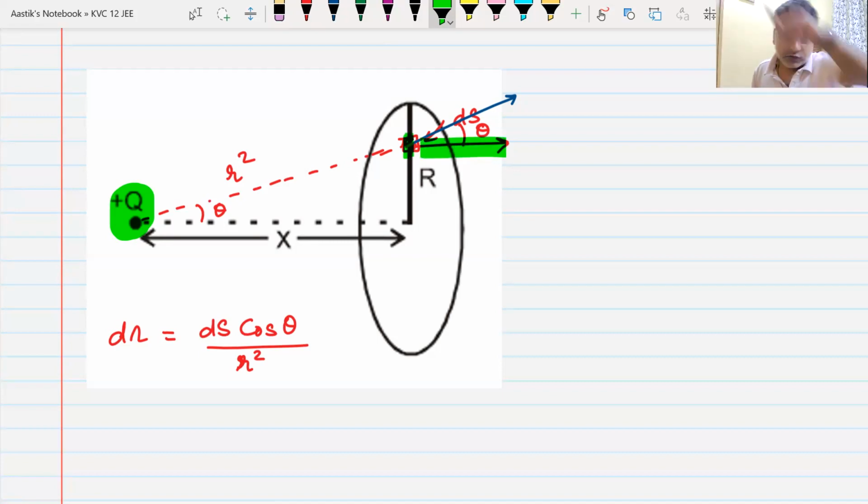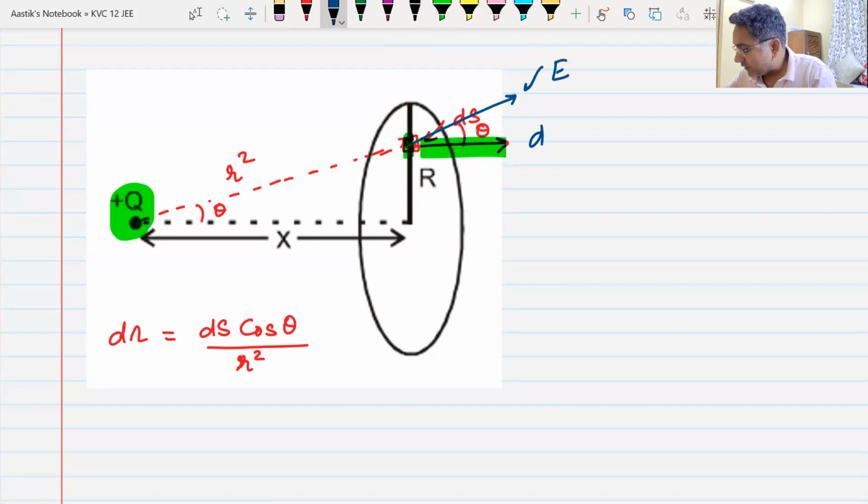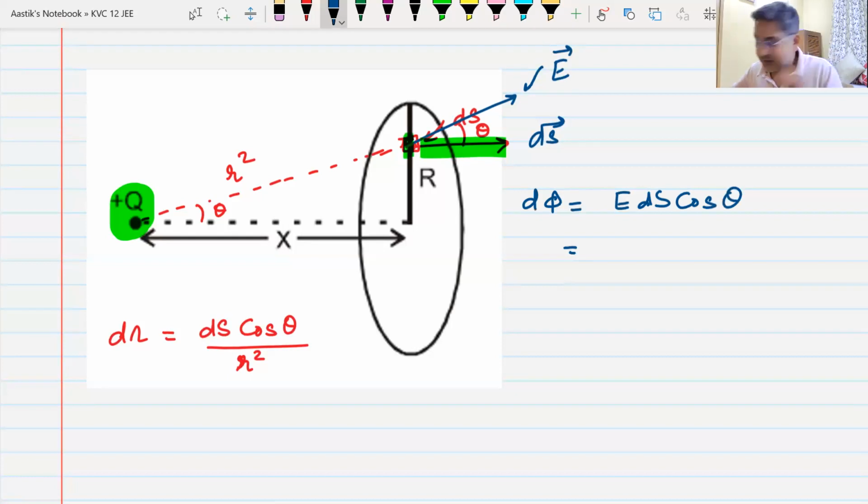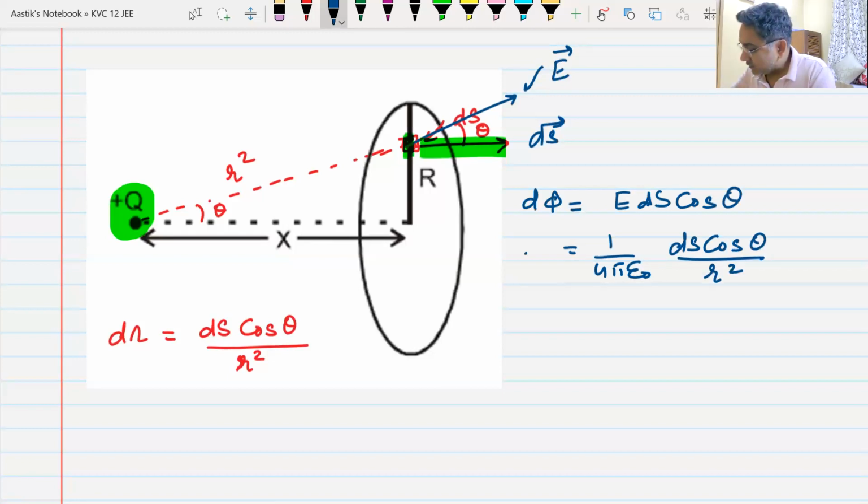The electric field goes in this direction, the area vector in this direction, and the angle between them is theta. So the small flux d phi will be E dS cos theta. The electric field due to the point charge is 1 by 4 pi epsilon naught, so d phi is 1 by 4 pi epsilon naught into dS cos theta divided by r squared.